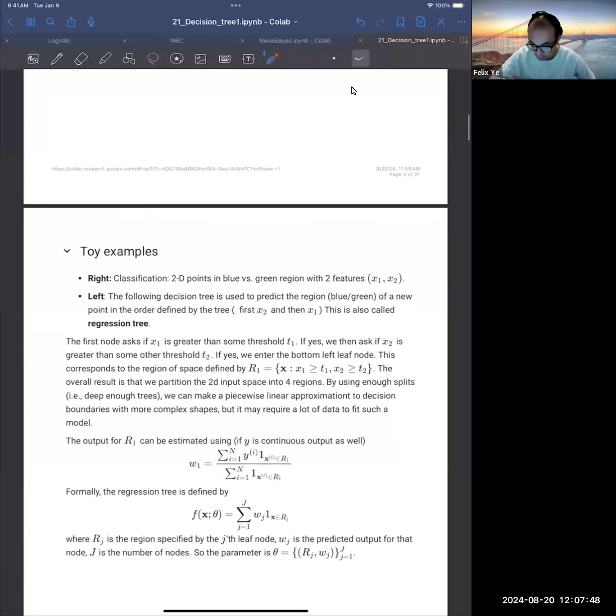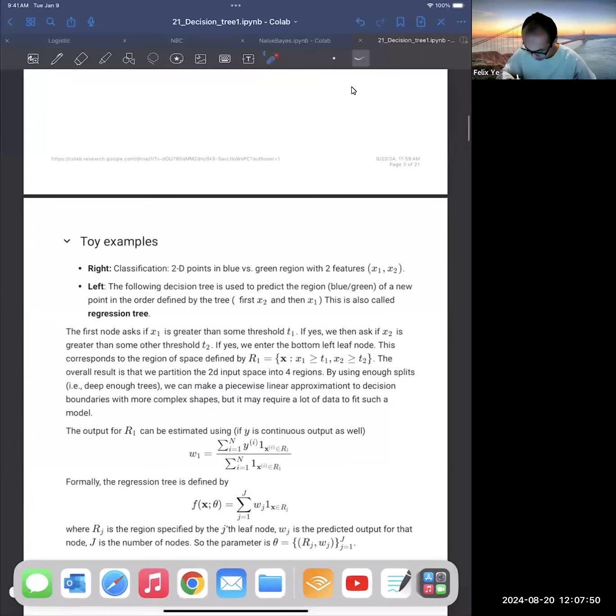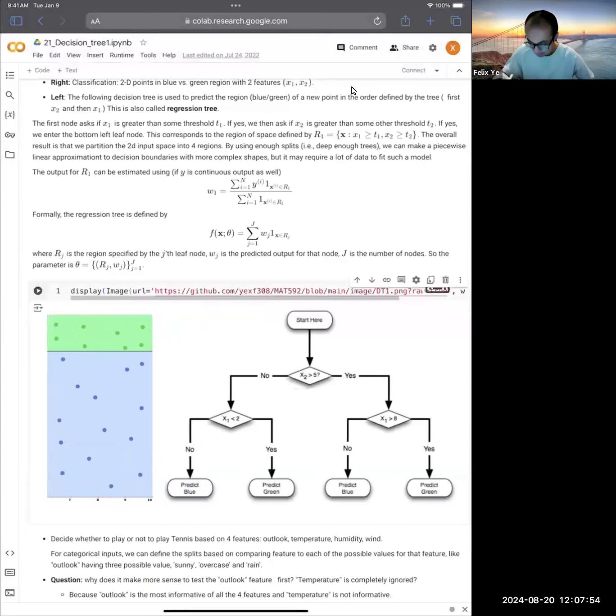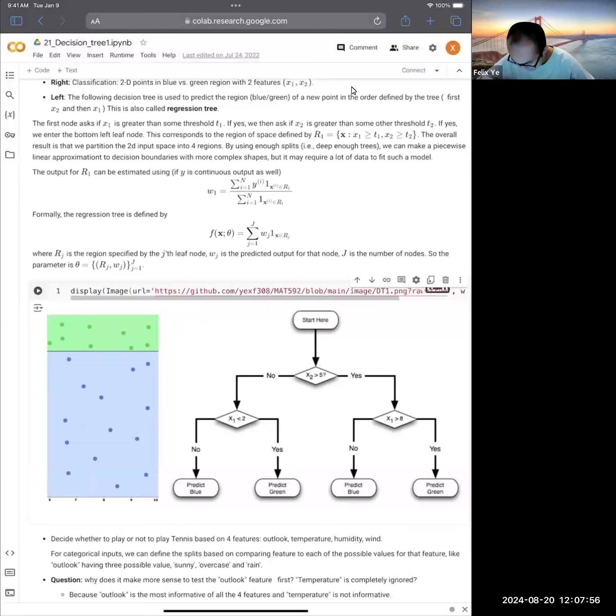What you can do right here is, in fact, create a decision tree that looks like this. It starts with the rule: is x2 bigger than 5 or not? If it is bigger than 5, it goes to the right branch. If it is less than 5, it goes to the left branch. This internal node is used to make the prediction.